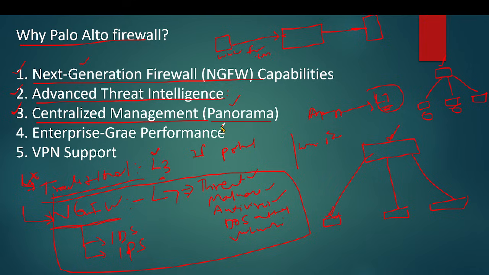In the same way, this Panorama will also work. Panorama will act as, let's suppose, the server, and we are connecting all these firewalls. Let's consider the firewalls are clients, and whatever configuration you want, you can configure here and send to whichever firewall requires it. If I want some rules configured on a firewall, I'm not configuring directly there, I'm configuring on the Panorama server and sending that to the firewall.